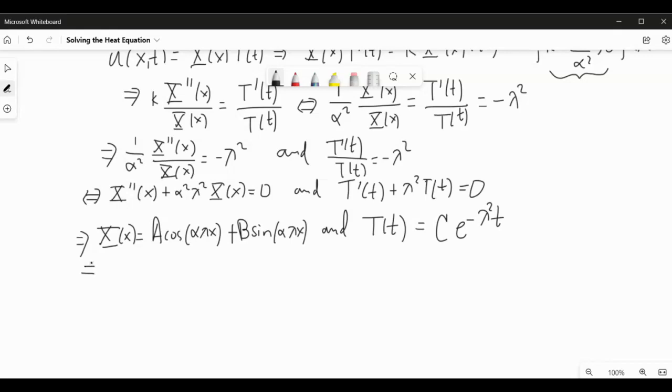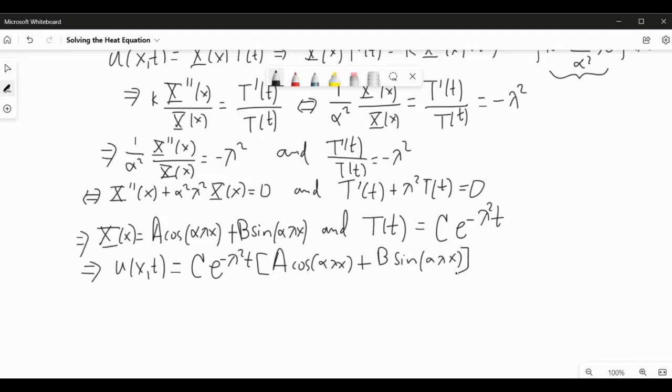So we will now have our initial expression for our solution u of x,t, which is c times e to the negative lambda squared t times a cosine of alpha times lambda x plus b times sine of alpha times lambda x.